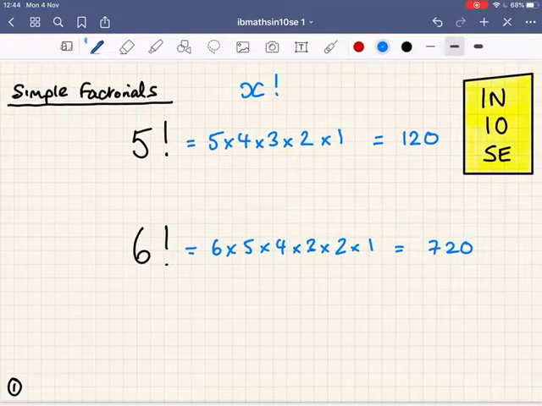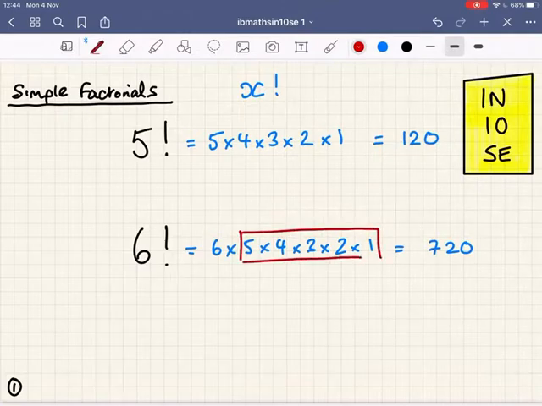Interesting thing there, that if you look at 6 factorial, it's 6 times, and then this sequence, 5 times 4 times 3 times 2 times 1, which is actually 5 factorial if you look above. So we could also have written 6 factorial as 6 times 5 factorial.